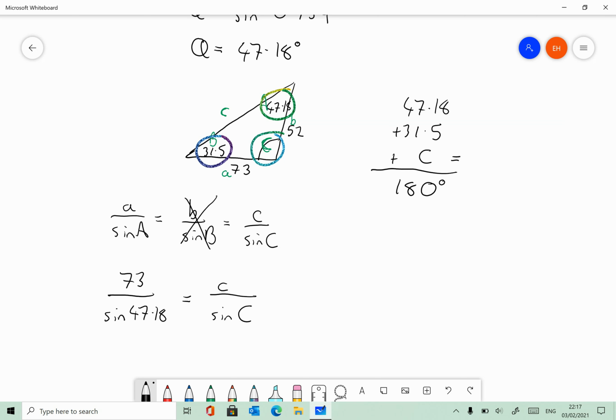So big C must therefore equal 180 minus 31.5 minus 47.18, which is equal to 101.32 degrees. So my big C is actually equal to 101.32.